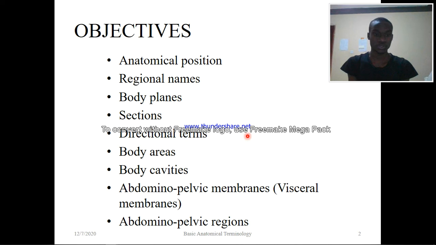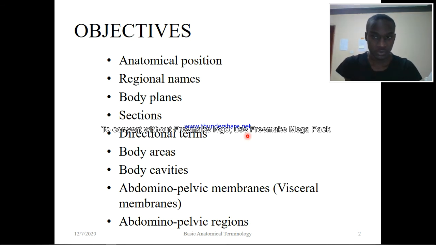Someone is also expected to gain knowledge about the body areas, to mention them, to describe them, and to define what a body area is.